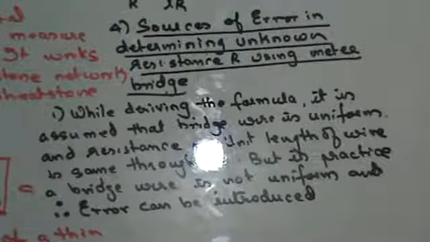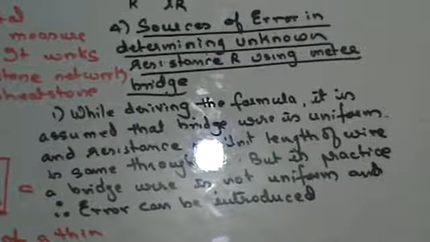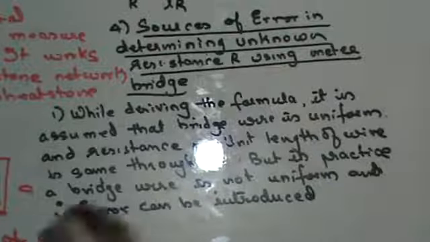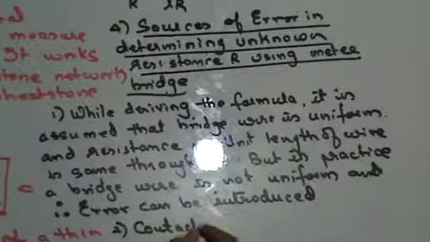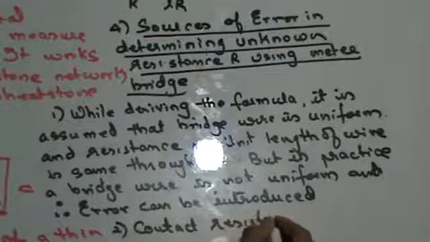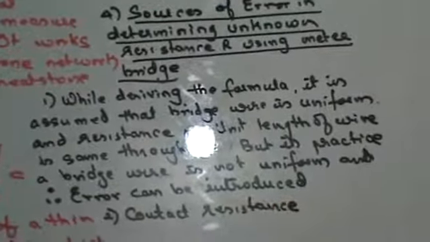Second, you can have contact resistance developed at the points where the wire is in contact with the copper strip, so at that point there will be some contact resistance. The second error is contact resistance.